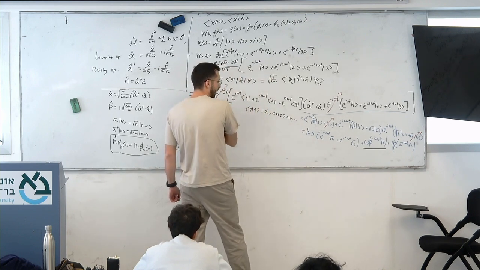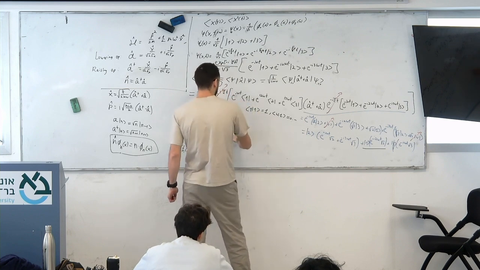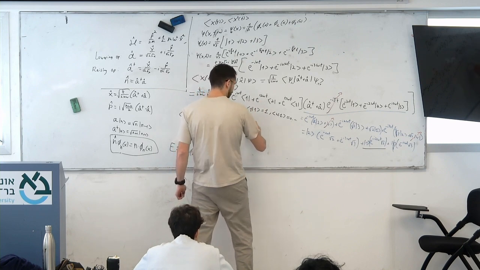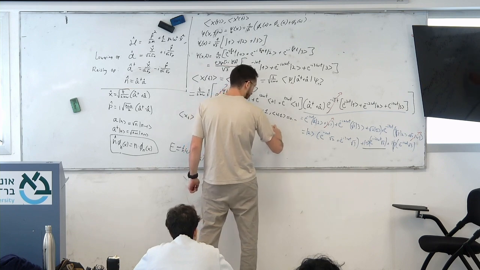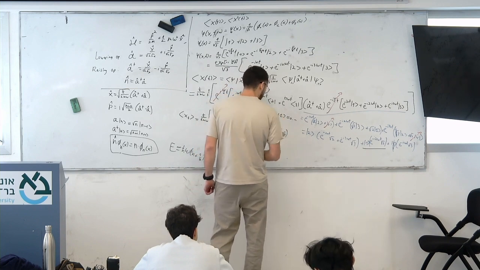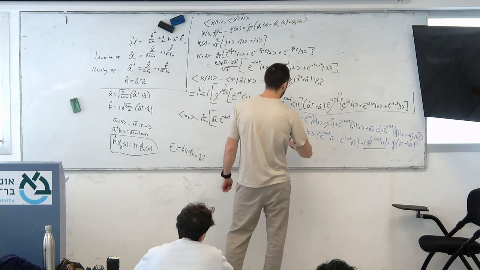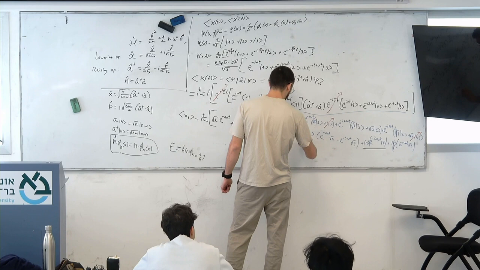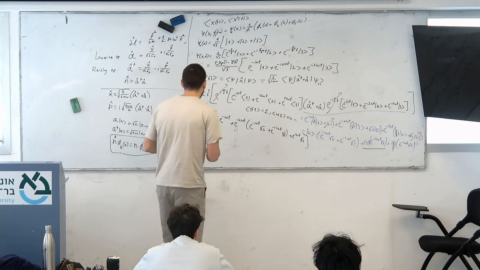So we're going to have e to the i 2 omega t, e to the minus i omega t square root of 2 plus e to the minus i 3 omega t square root of 3, plus the term of 3 is going to be e to the i omega t square root of 3. Perfect, this is so much fun.